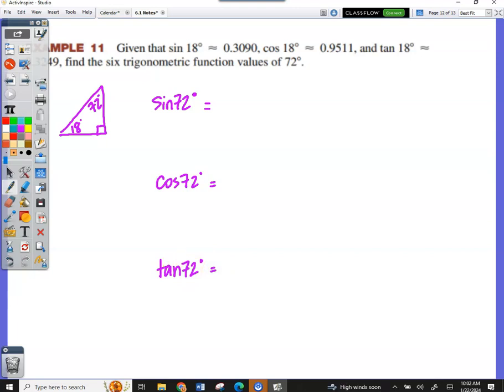Sine starts with an S, so the reciprocal would be cosecant, secant, cotan. Now I spaced them out really big because one, I didn't want it to get crowded, and two, we do have a little bit of work to do when we get to some of the reciprocal functions.